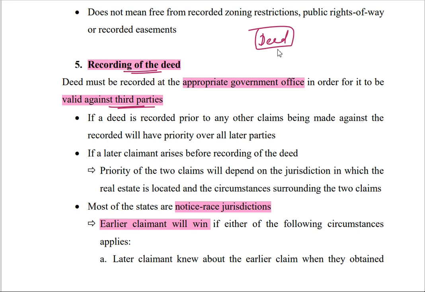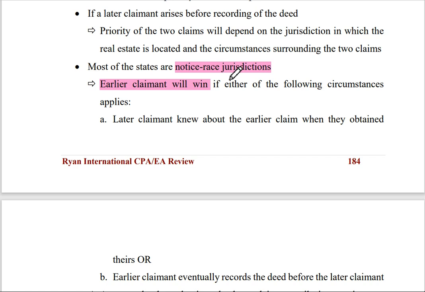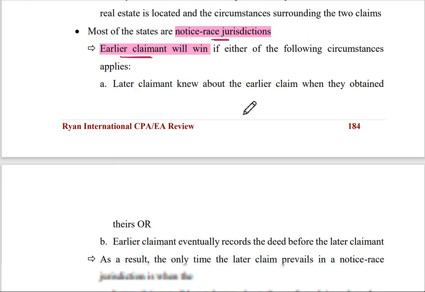So in order to protect against other third parties, that's when the deed must be registered or recorded under an appropriate governmental office. Most of the states in the US are notice race jurisdiction states. So anybody who records earlier will win. So that's how it is.